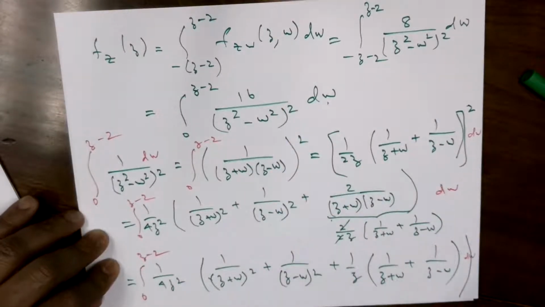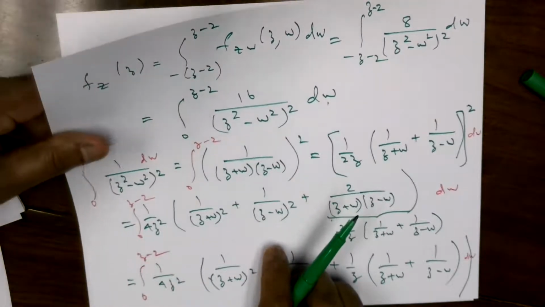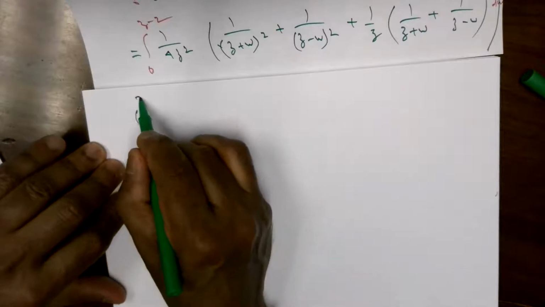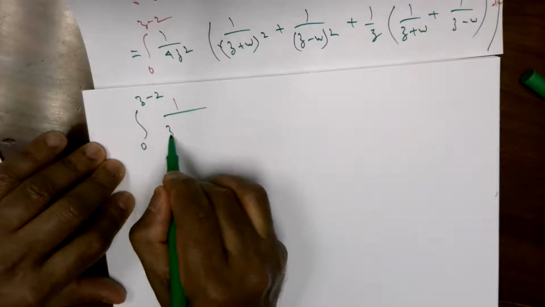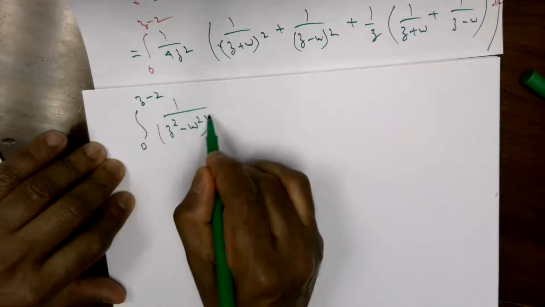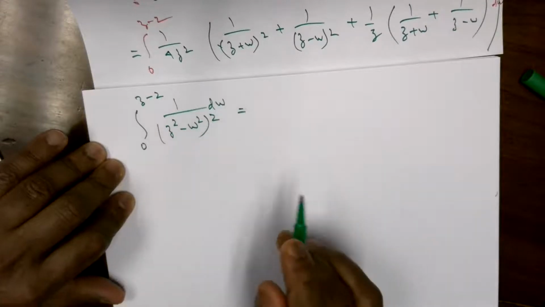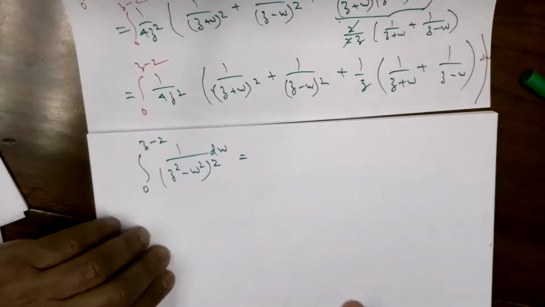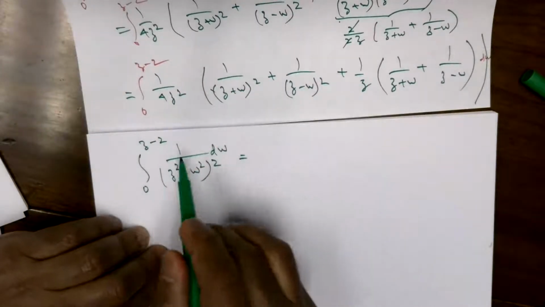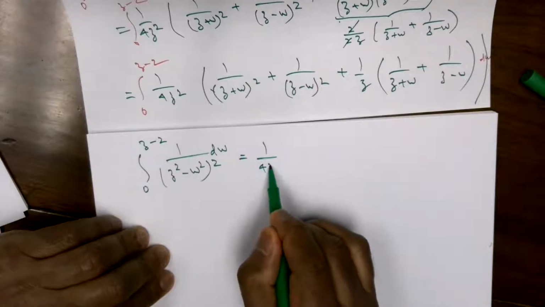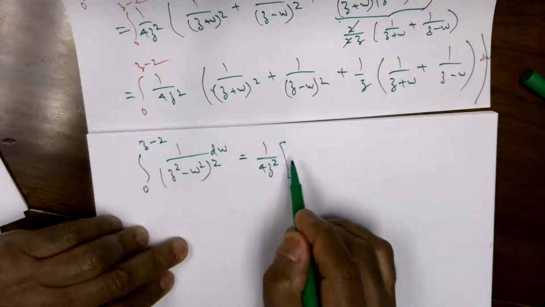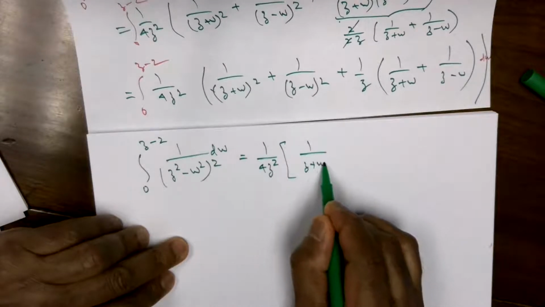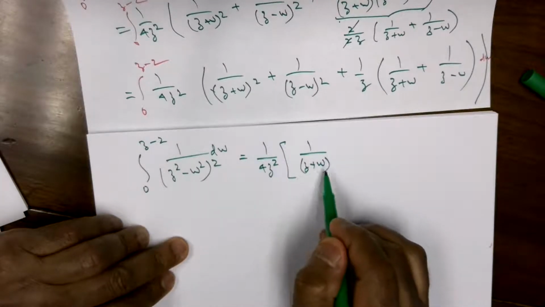So let me do the integration term by term on the other side. So we have the integral from 0 to z minus 2 of 1 over z plus w, the whole squared. I'm just going to do it mentally. I pull the constant outside. Then the integral of this is, you can see, minus 1 over z plus w. Remember, the integration is with respect to w.